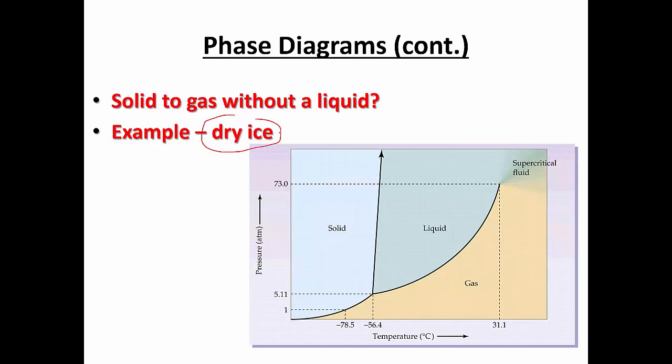Dry ice is a solid, but at our pressure and temperature, it goes right from a solid into a gas and skips the liquid state. So as we're interpreting our graphs, sublimation is that idea of going right from the solid to a gas, not going through the liquid state.